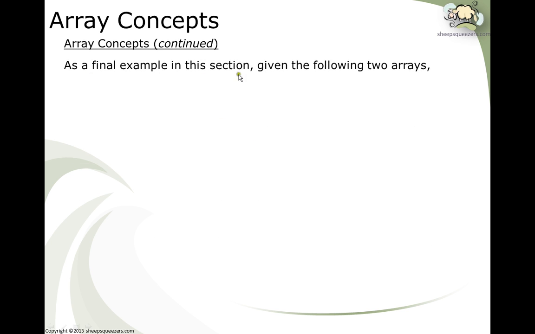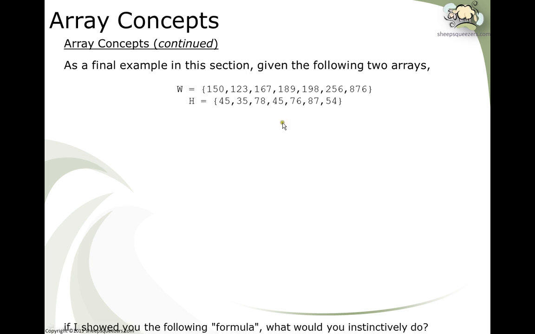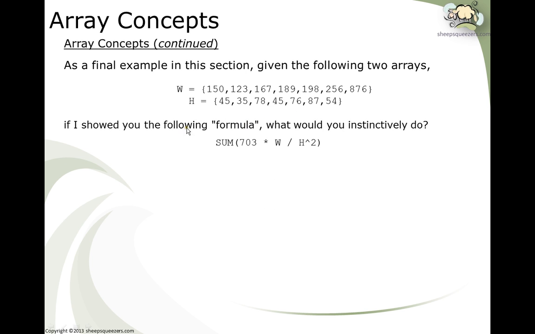So, as a final example, given the following two arrays, again as before, weights and heights, if I showed you the following formula, what would you instinctively do? Sum of 703 times the array W divided by the array H squared. Well, you would initially perform the same computation on the previous slide, 703 times all the weights divided by all the heights squared, and you wind up with that array.